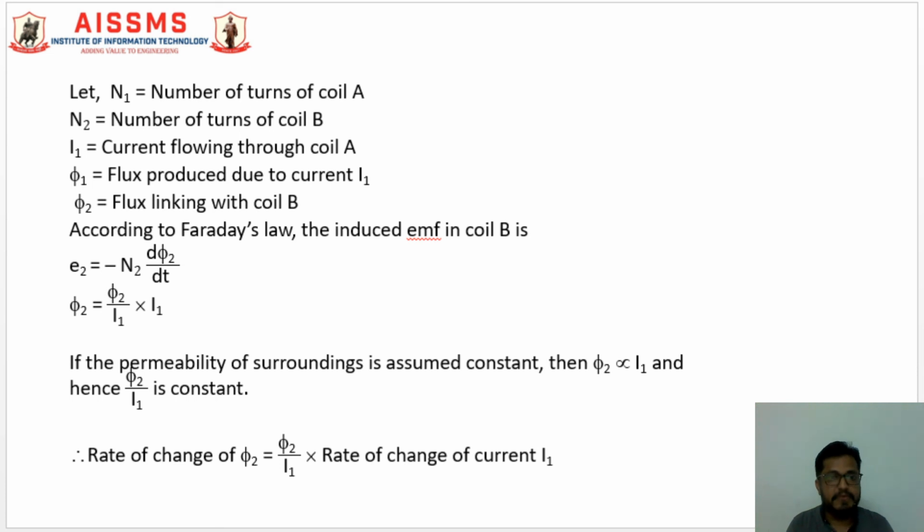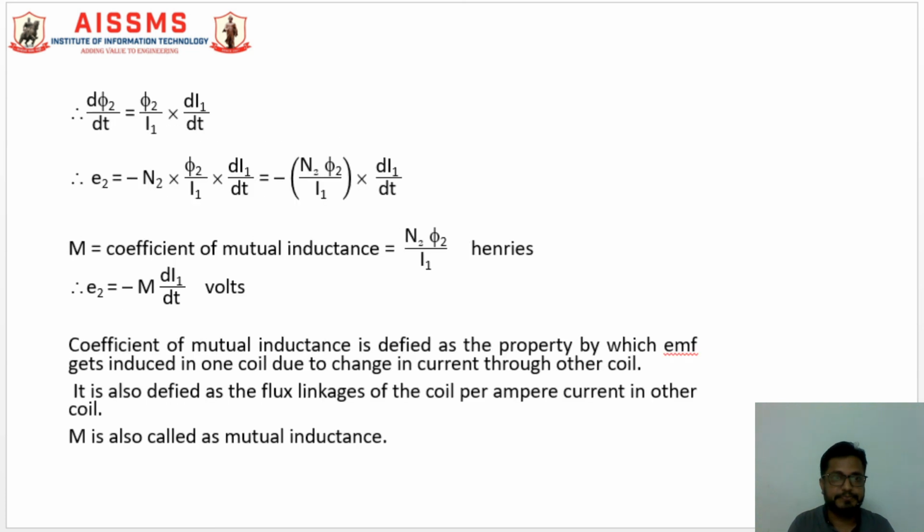Therefore, if we take the derivative of both sides with respect to time, then we get the rate of change of phi2 equal to a constant, that is phi2 by I1, into the rate of change of current I1. Therefore, d phi2 by dt equals phi2 by I1, which is constant, multiplied by dI1 by dt.